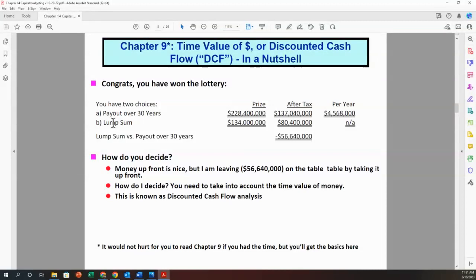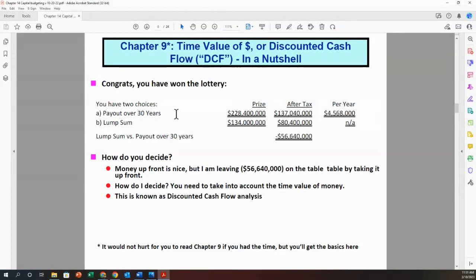And in 10 years, I don't know, you might even double the $1 million. I have to do the math, right? So that's time value of money in a nutshell. If you want to read Chapter 9, have at it.